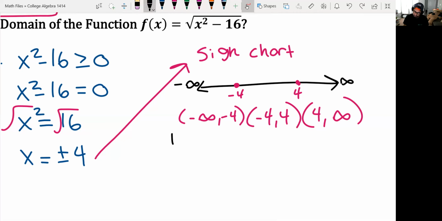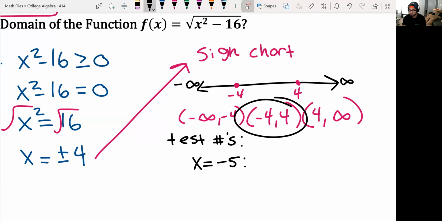So, test numbers. For the first interval, from -infinity to -4, I want to pick a test number in between and keep it really simple. A number in between -infinity and -4 is going to be -5. And then I want to pick a test number from my second interval, -4 to 4.